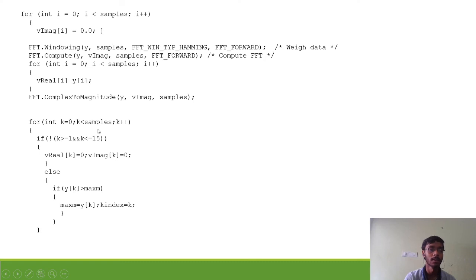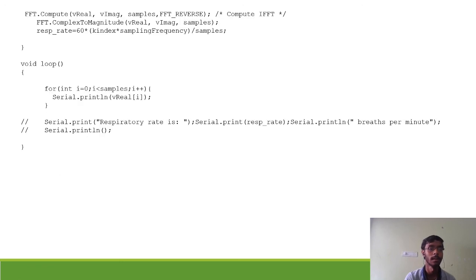So for k equal to 0, k less than samples, we are iterating a loop, and if k is not greater than or equal to 1 and less than or equal to 15, then we are making V real of k and V imaginary of k to be 0. Otherwise, we are finding the maximum and k index in the 1 to 15 range. I have written that in one loop only.